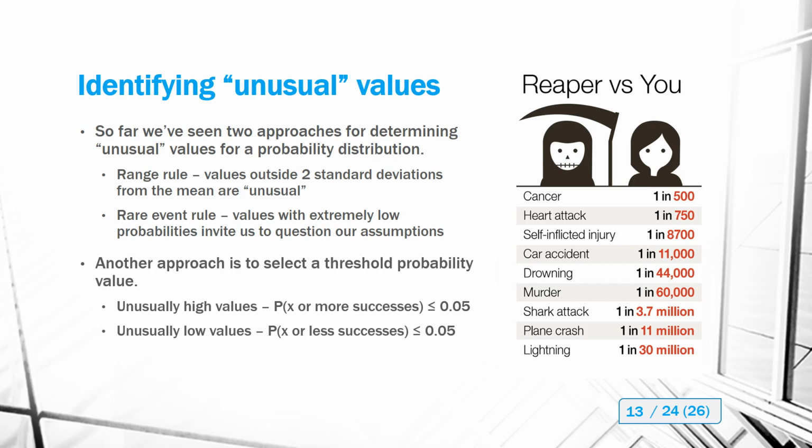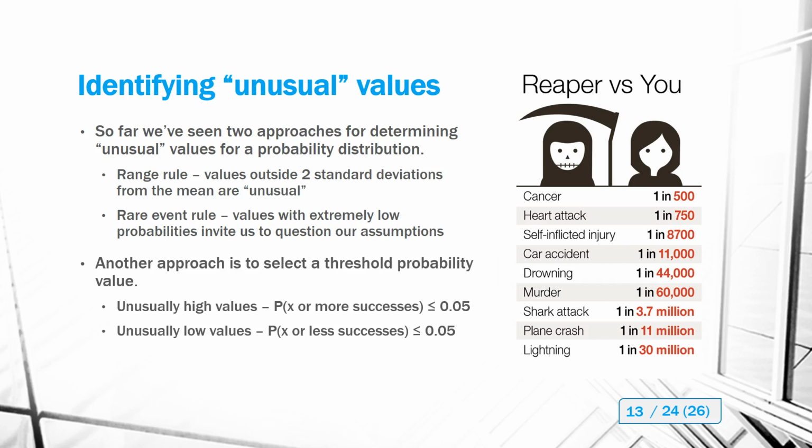Now, that doesn't seem to jive when you think, wow, I may actually know a lot of people who have cancer. This isn't the probability of getting cancer. This is the probability of dying from cancer. And people today dying from cancer is a lot more rare than it used to be, because we've made advancements with technology and medical procedures that are used to treat cancer.